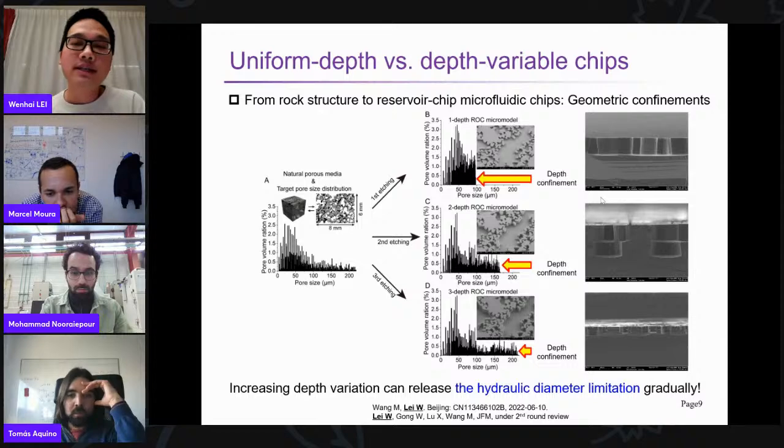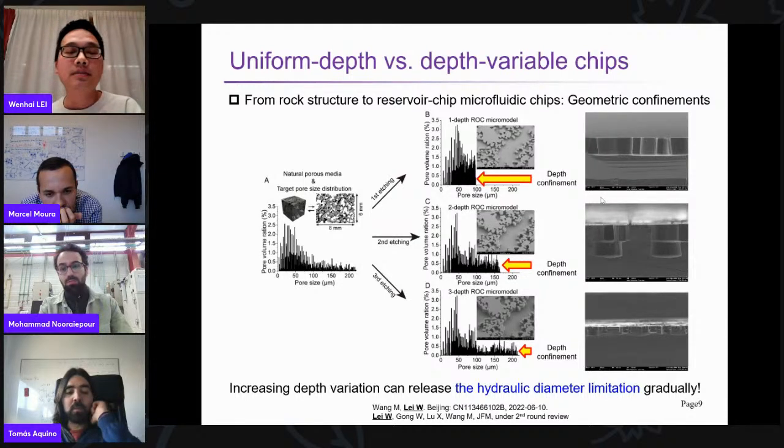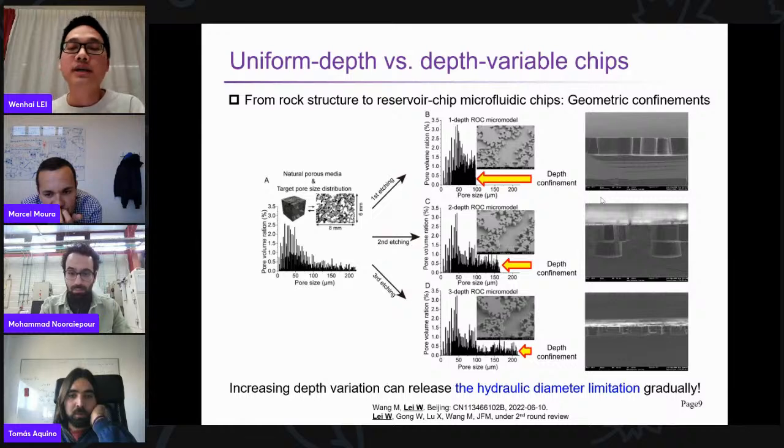But when we increase the depth variation in the microfluidic chips, the pore size distribution can be wider and wider. So the increasing depth variation can release the hydraulic diameter limitation gradually.